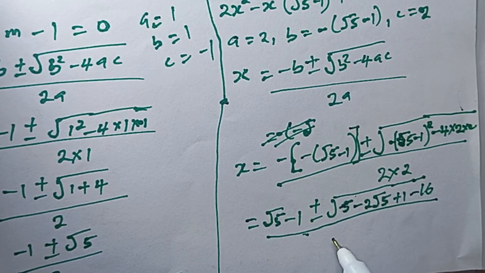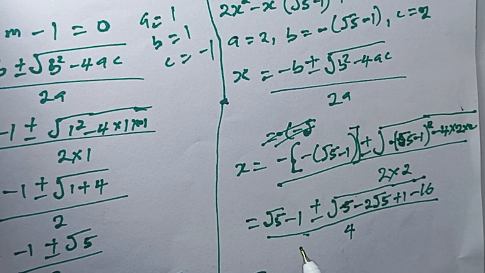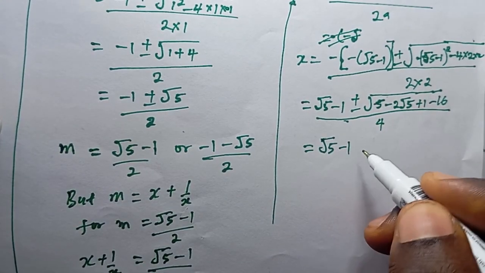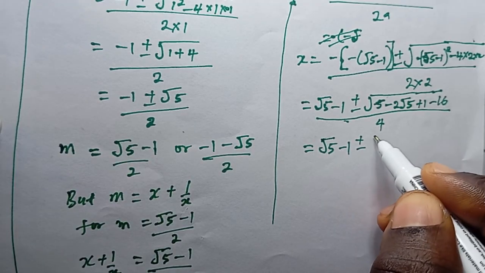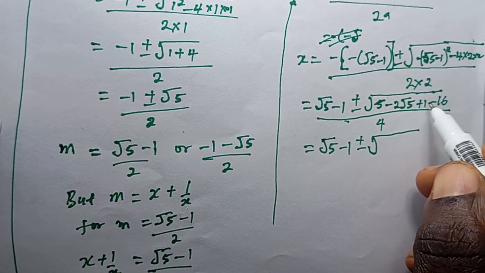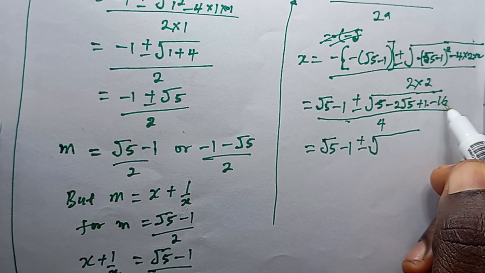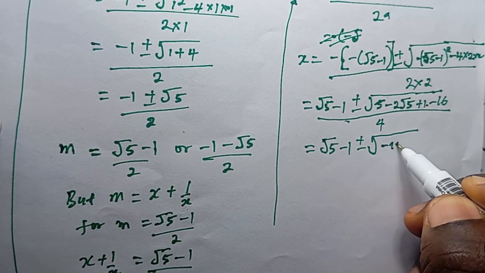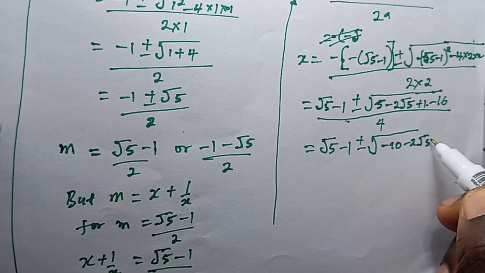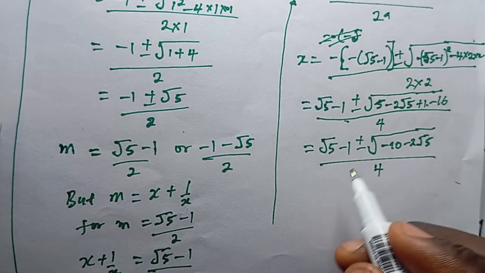And all of these divided by 2 times 2 is 4. So moving on, this will be equal to root 5 minus 1 plus or minus square root of, so 5 plus 1 is 10, and then 10 minus 16 is minus 10, okay, minus 2 root 5. And all of these divided by 4.